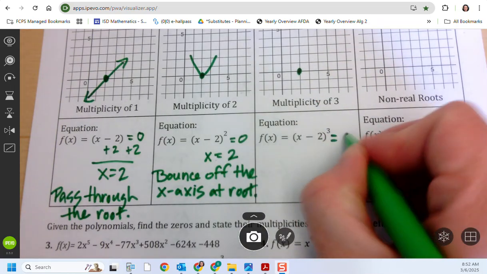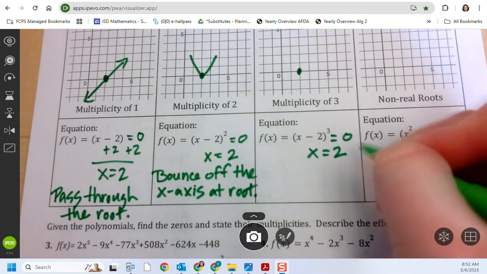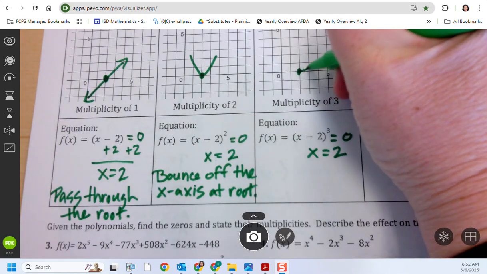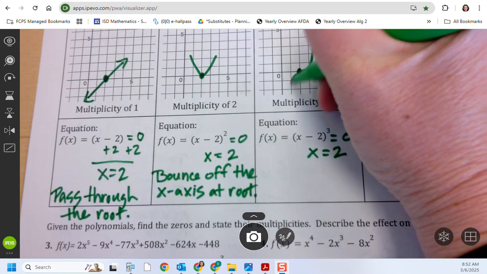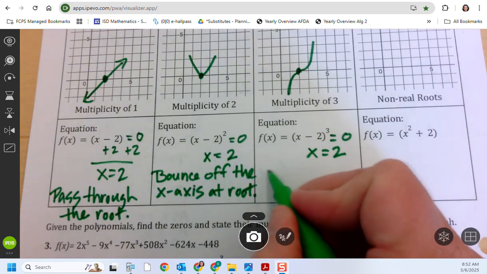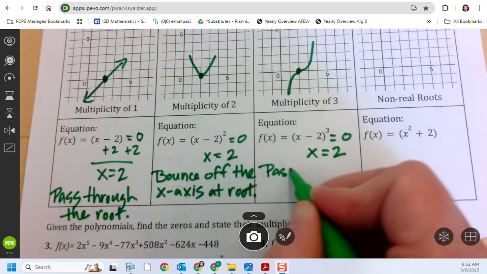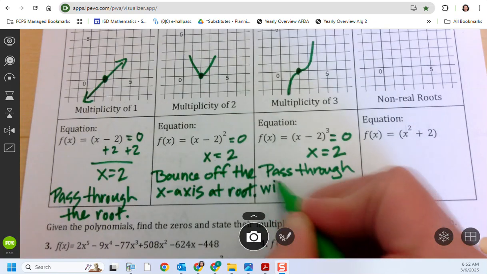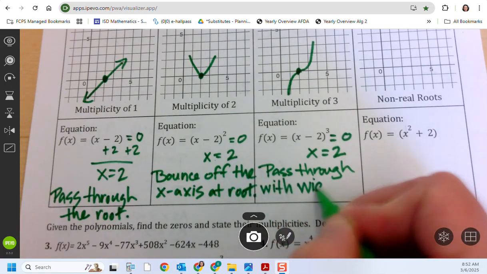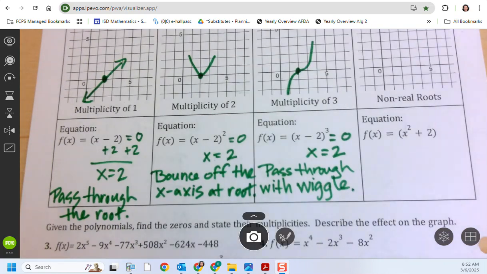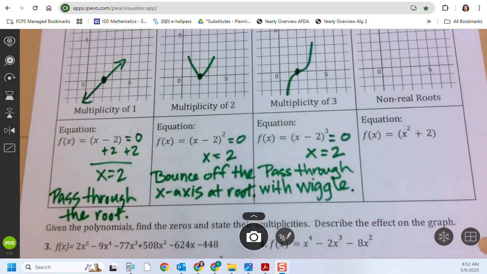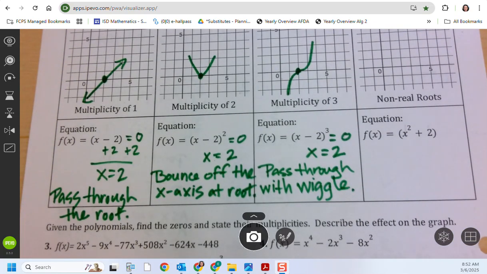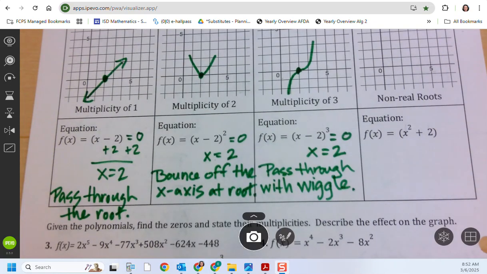So if we set this equal to 0, we still get x equals 2, but it's going to pass through with a little wiggle. All right, so you see how it doesn't go straight through? It actually changes its concavity right there. It's like a point of inflection.